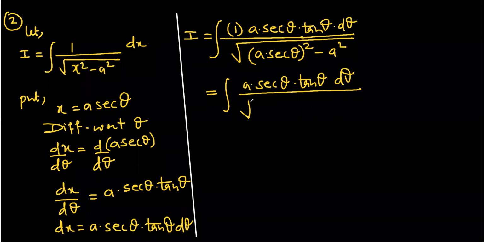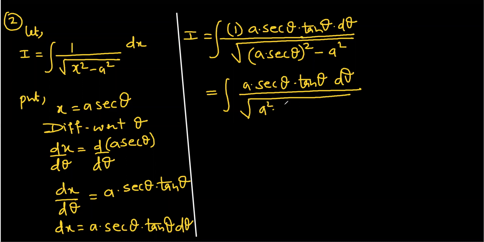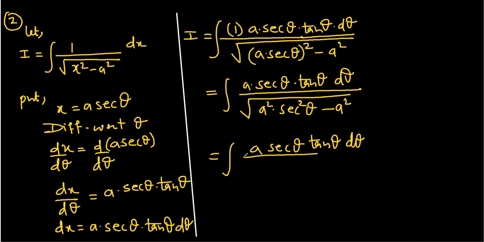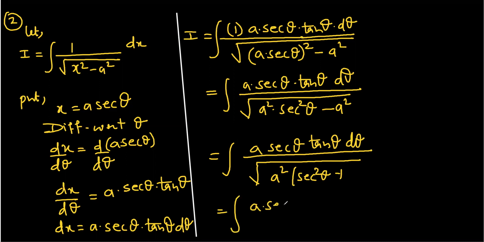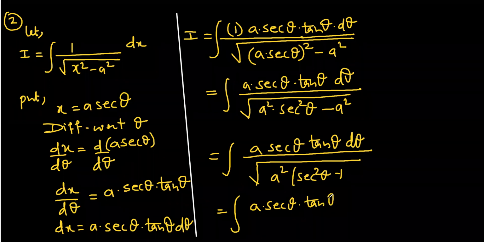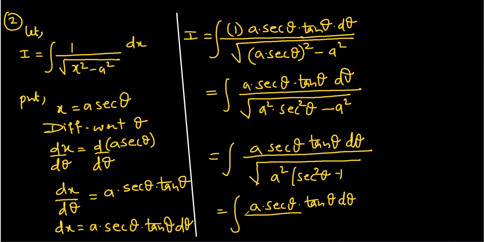So the next step I get is a sec theta tan theta d theta divided by, here under square root, I get a square sec square theta minus a square. I take a square common, so I get sec square theta minus 1. That is a sec theta tan theta d theta divided by square root of a square, and sec square theta minus 1 is tan square theta.